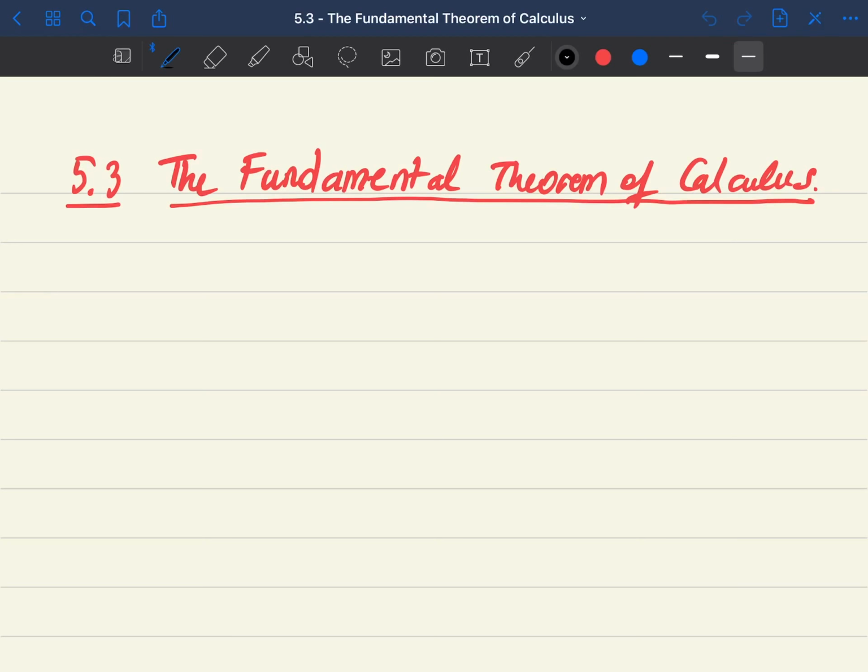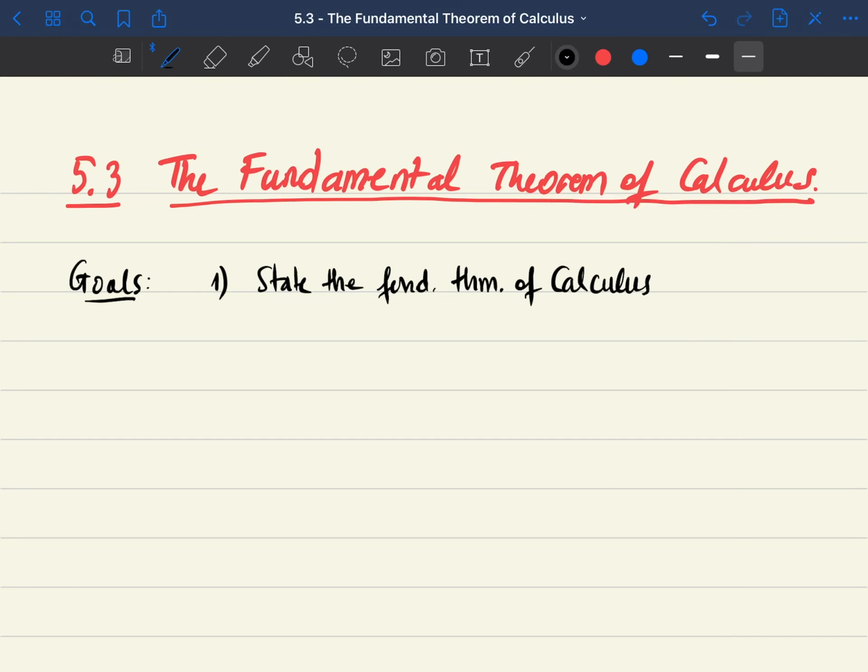So the goals of this section are, first, to state the fundamental theorem of calculus, part 1.